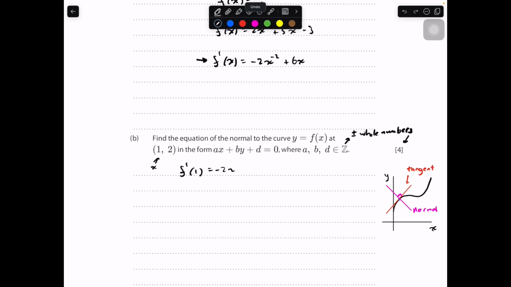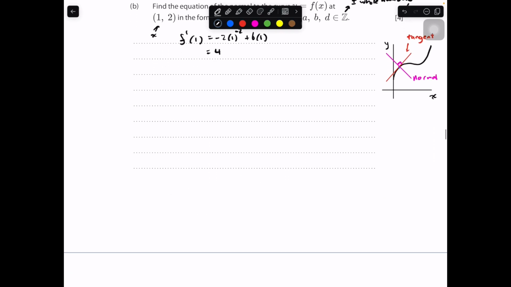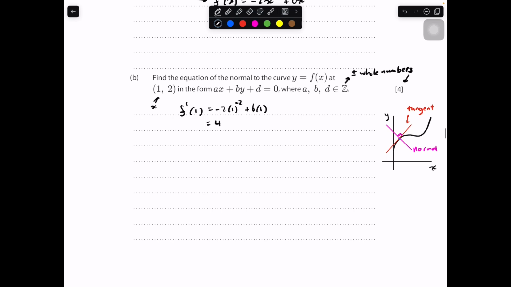Let me put in a value of 1 here: negative 2 plus 6 to the 1. You can work that out on your calculator. This is just negative 2 plus 6, which is equal to 4.